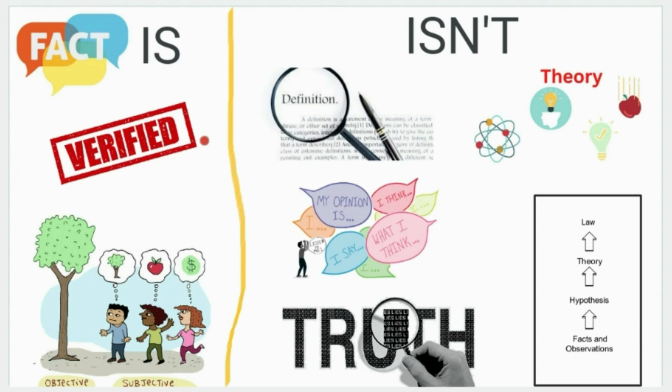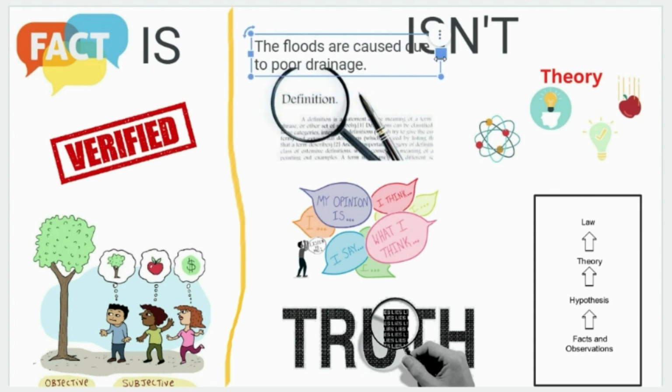What did I say to you? I said the floods in my city are caused due to poor drainage. So I'm asking you whether this is a fact or something else.